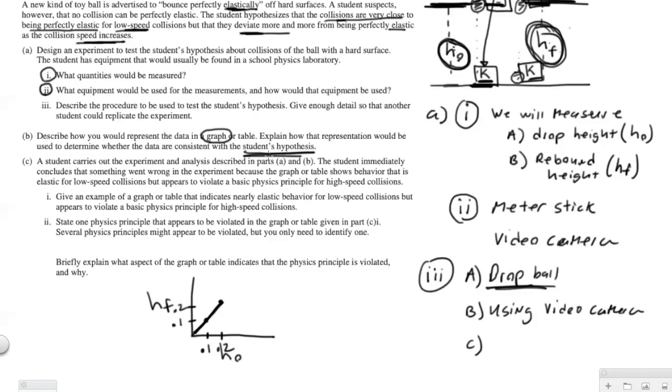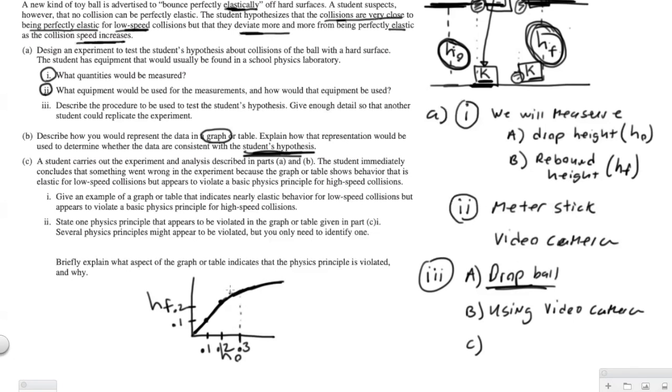Now, the student's hypothesis is that as the speed of collision increases, the collision becomes less elastic. So that would be like we start getting to higher values and the graph starts to curve over. The slope becomes less than 1, right? So just so you understand this, now we're at a drop height of 0.3.